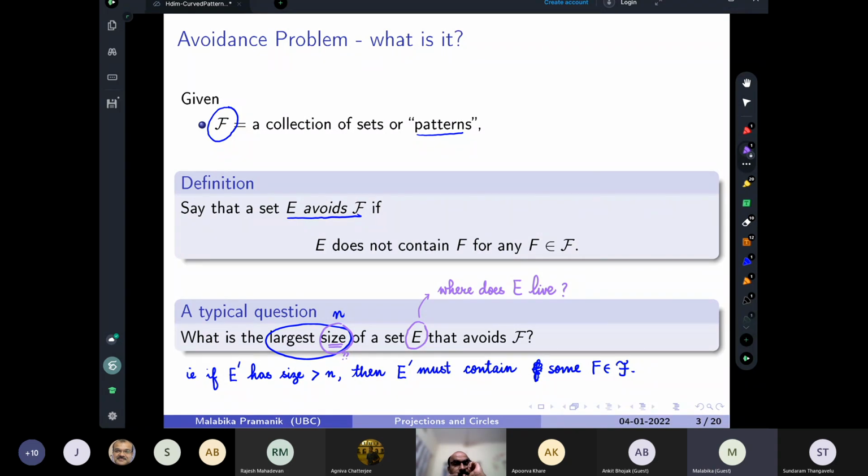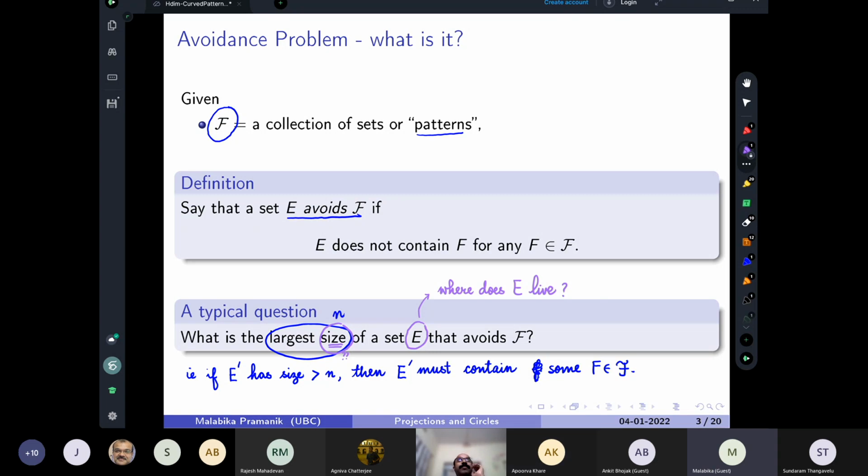The pigeonhole principle just says that if there are n+1 pigeons and n holes, at least one hole has to contain two pigeons. Can we say two pigeons in one hole is the pattern? Usually the patterns are more complicated than just the number of elements in a set.